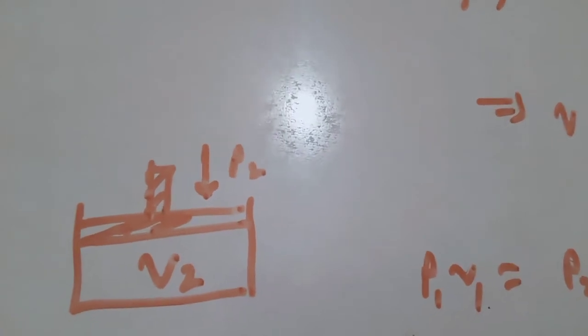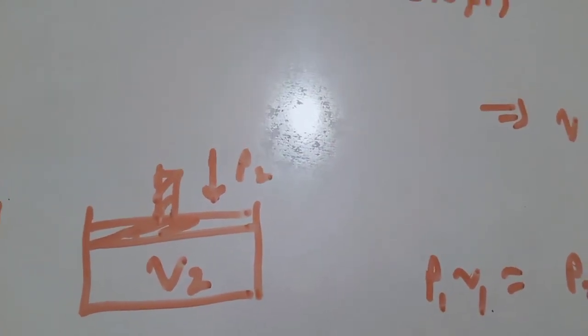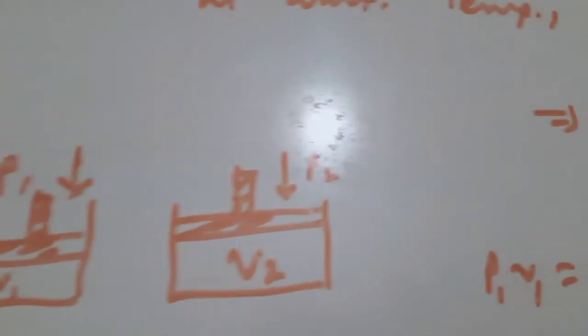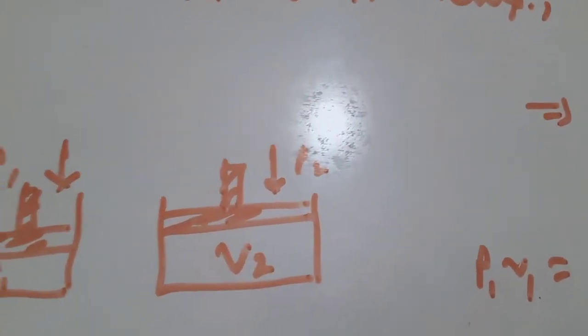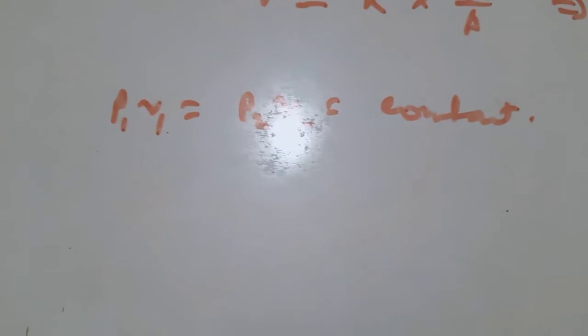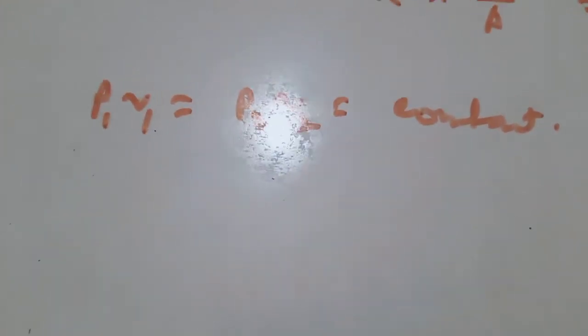The product of P1 and V1 will be constant, the product of P2 and V2 will also be constant from Boyle's law. So P1 V1 is equal to K, P2 V2 is equal to K, both are equal to K, so we can write P1 V1 is equal to P2 V2. This is the mathematical expression of Boyle's law.